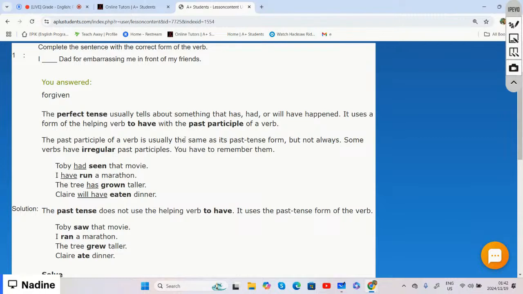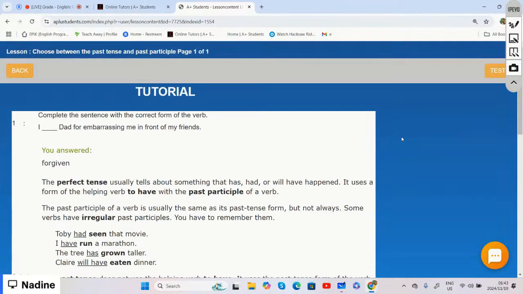So when it comes to our perfect tense, and we use the to have with the past participle, then it means that we use a helping verb. But if we just use the past tense straight with no past participle, then we don't add our helping verb. The past tense is just the past tense without the helping verb.